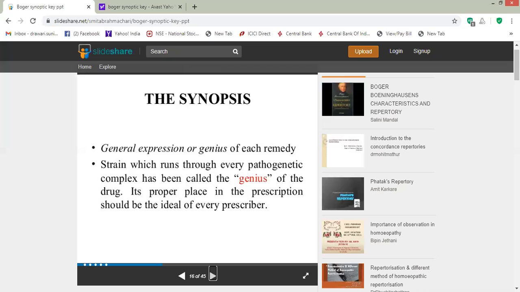Its proper place in the prescription should be the ideal of every prescriber. So the synopsis is the strain which runs through every pathogenetic complex, and it has been called the genius of the drug. Its proper place in the prescription should be the ideal for every prescriber.